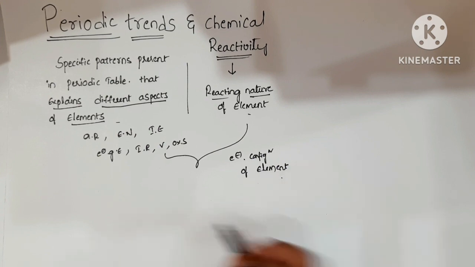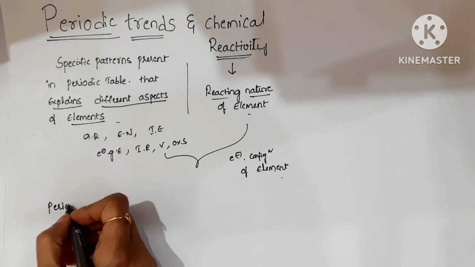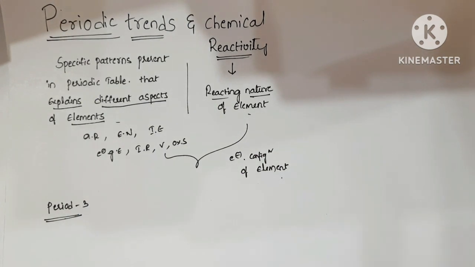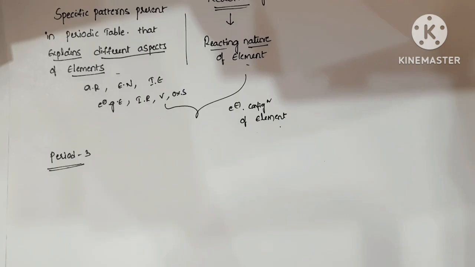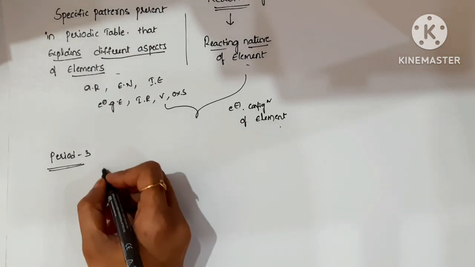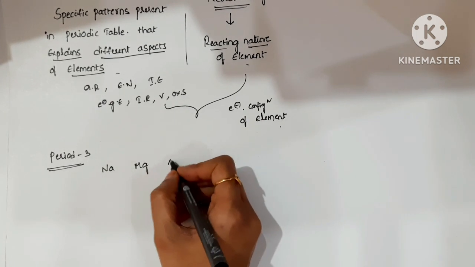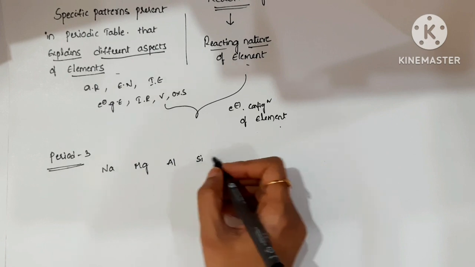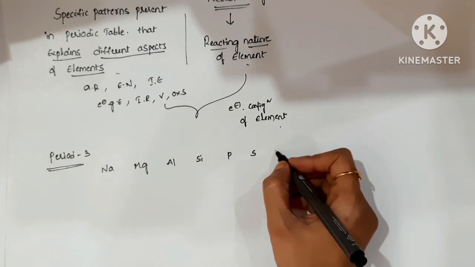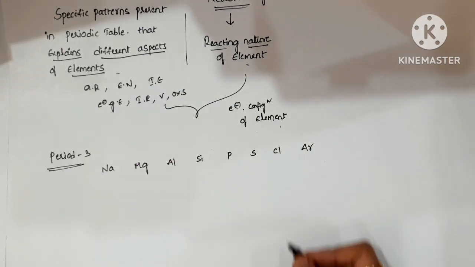Here I am taking period 3 elements: sodium, magnesium, aluminium, silicon, phosphorus, sulfur, chlorine, argon.